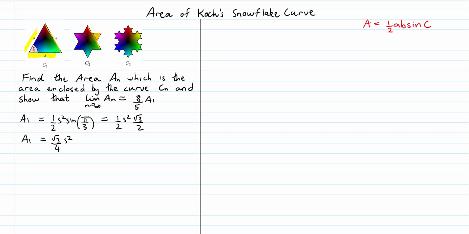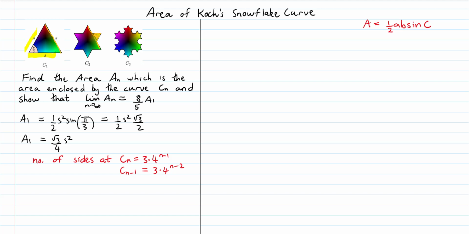So we'll note that down. The number of sides at the previous iteration, C_{n-1}, is found by replacing n with n minus 1 in that formula. So we get that C_{n-1} is equal to 3 times 4 to the power of n minus 2.